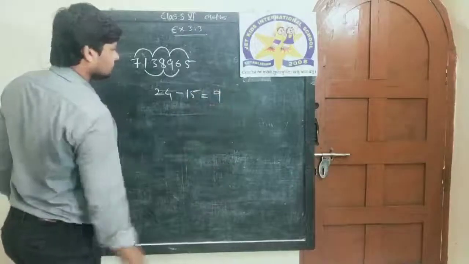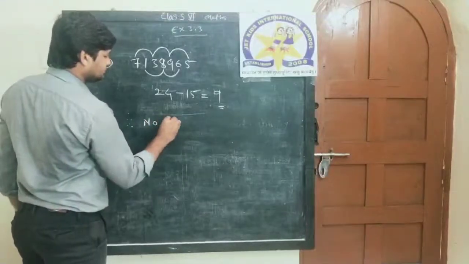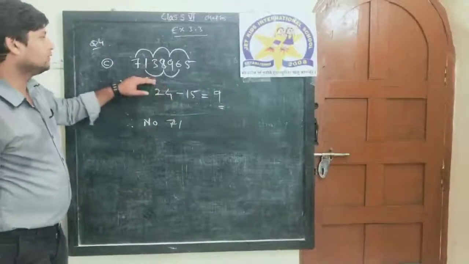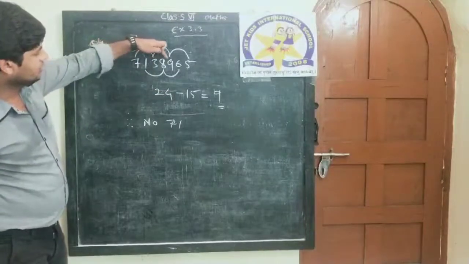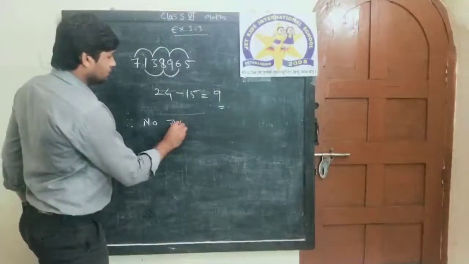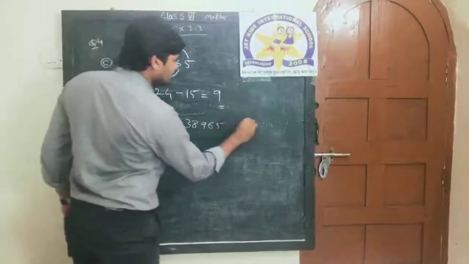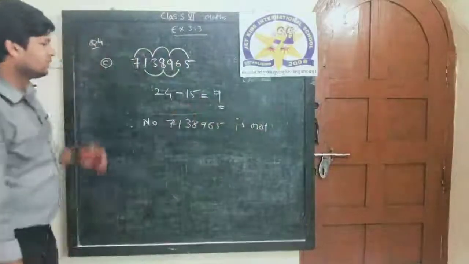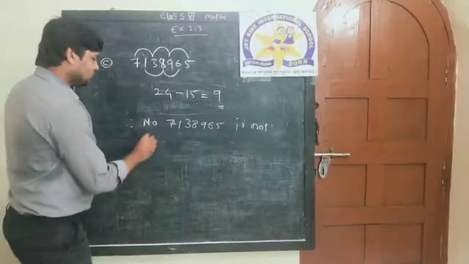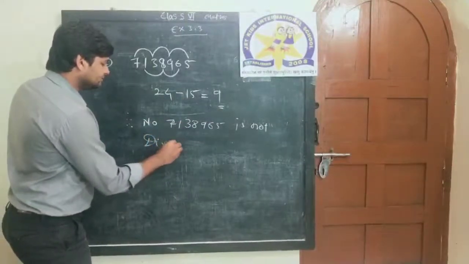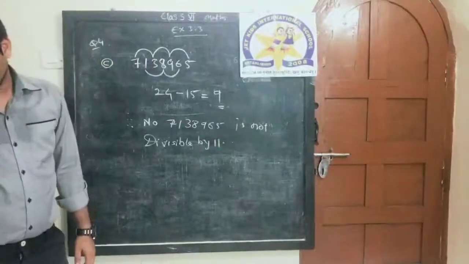Here comes 9. No. So, no. I am doing it directly. You have to do it carefully, step by step, if you want. So 7138965 is not divisible by 11, because 9 is not divisible by 11. That's why it is also not divisible by 11. Clear?